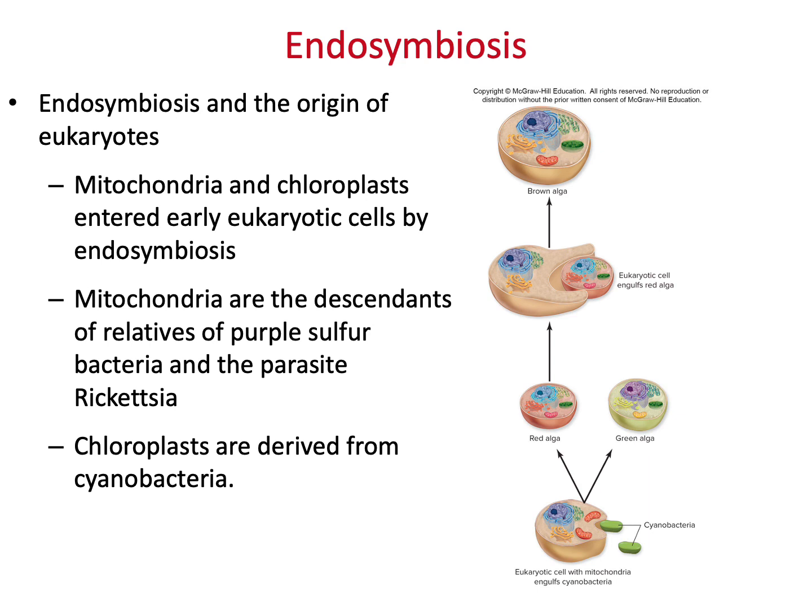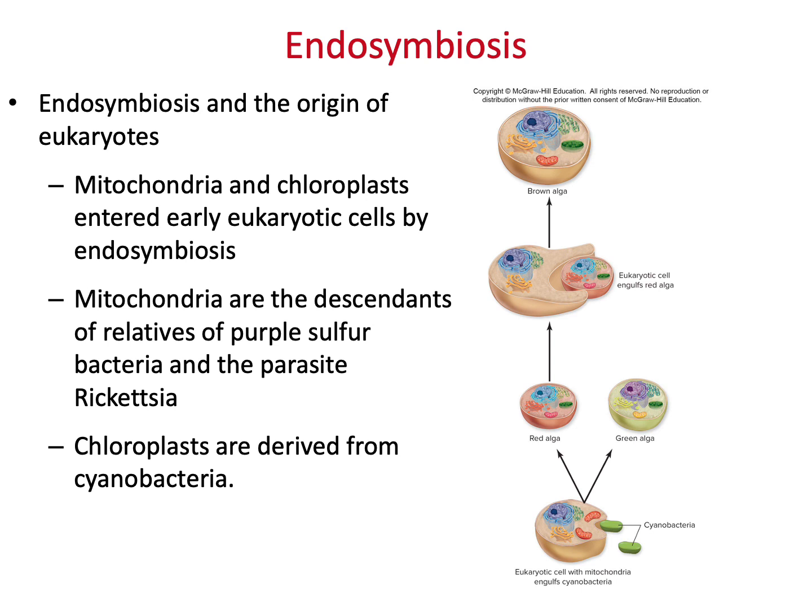Both mitochondria and chloroplasts entered the early eukaryotic cells by endosymbiosis. The serial endosymbiosis hypothesis explains that one of the ancestral eukaryotic cells engulfed free-living bacteria that had mitochondria-like features, and then they started living in endosymbiosis.